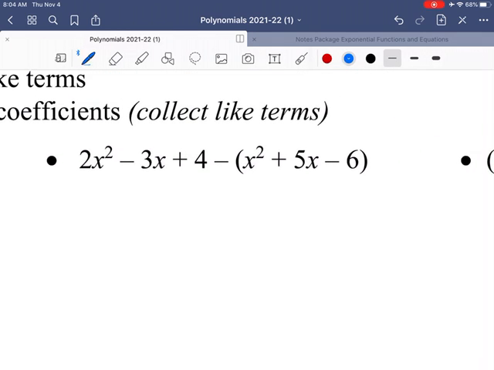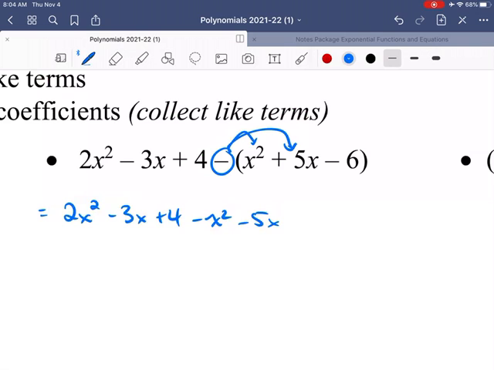So the first term, there's no sets of brackets, so we're just going to rewrite the first 3 things there. But then we're going to distribute this negative. So this x squared is going to become negative x squared. The positive 5x becomes negative 5x. And the negative 6 becomes positive 6.